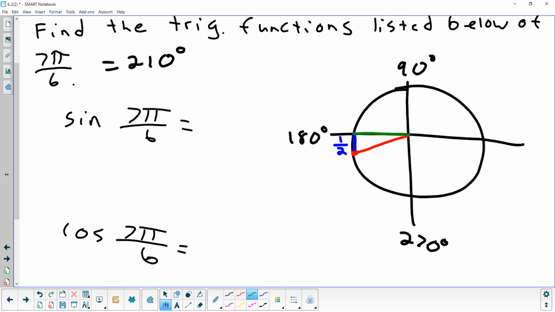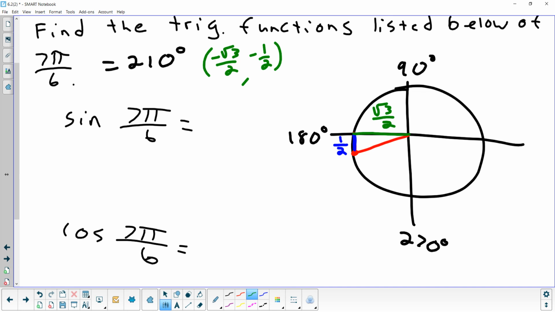Square root of 3 over 2. And what Tyler started to say, both the x and the y in this case are going to be what kind of number? Yeah, they're both going to be negative. So negative square root of 3 over 2, comma, negative 1/2.